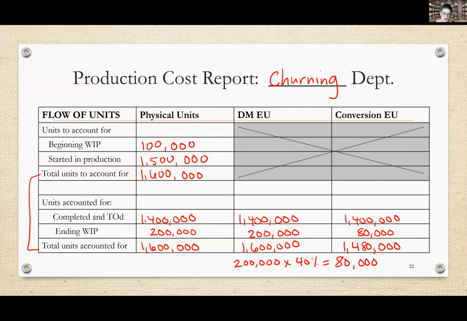Now, the second part of a production cost report is we're going to look at the money. We're going to figure out how much money is associated with these 1.4 million units that transferred to our forming department, and how much money in that work in process account is still here, still in that 200,000 pounds of butter that's churning.